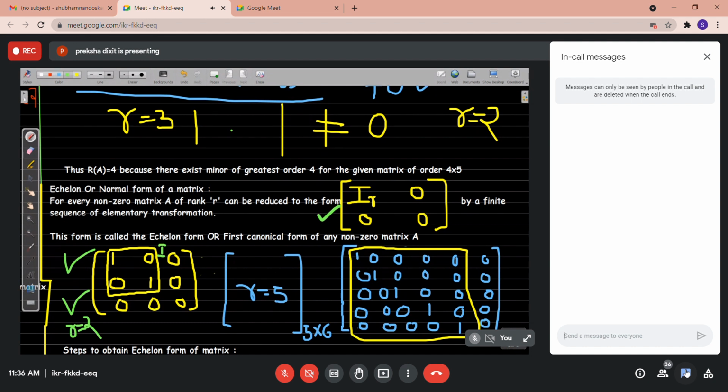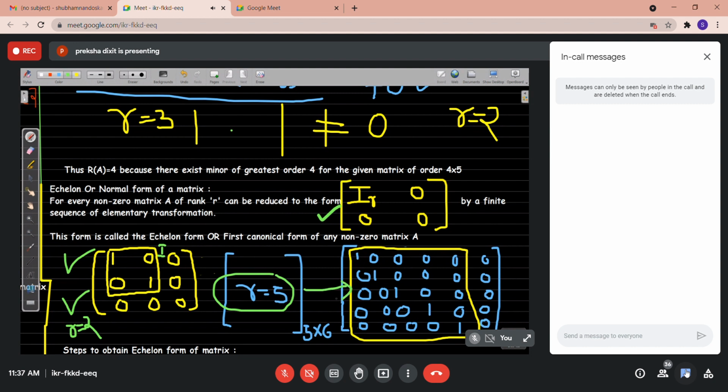Suppose there is any non-zero matrix. I have not entered its elements. I have just shown that its order is 5 cross 6 and its rank is 5. Its rank R is equal to 5. So for this situation, if its rank is 5, how is its echelon form going to look like? You can see over here.